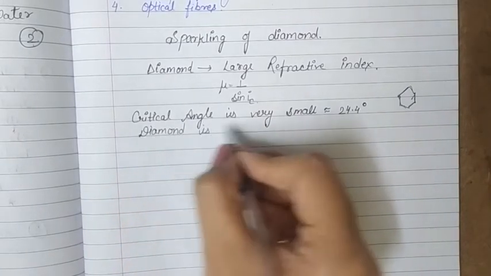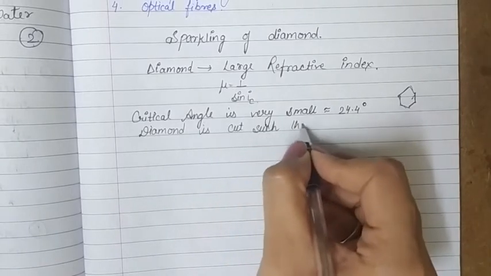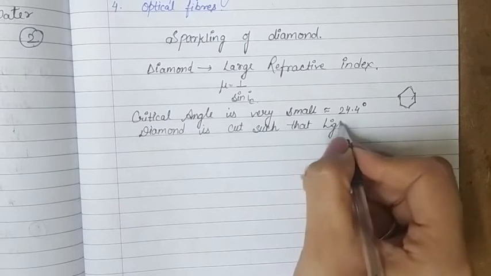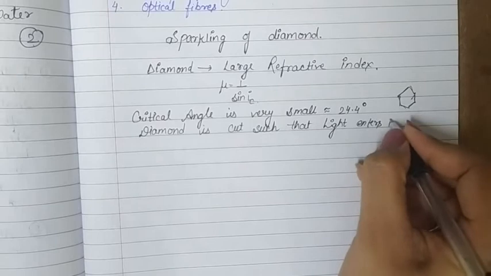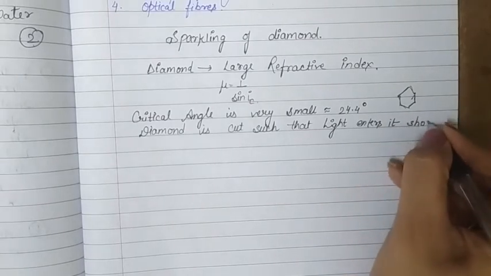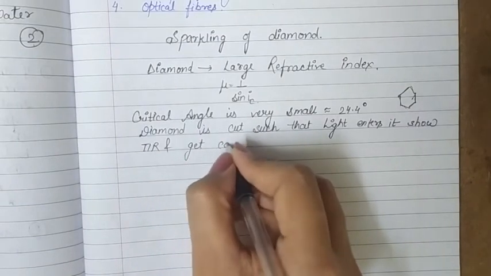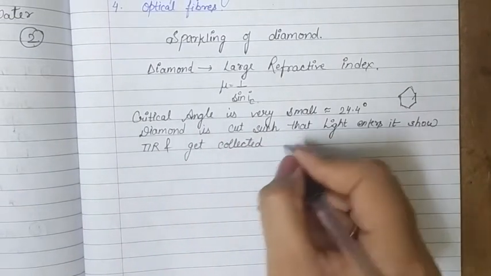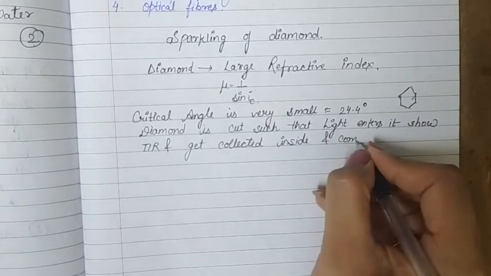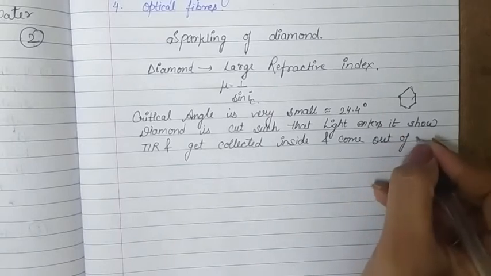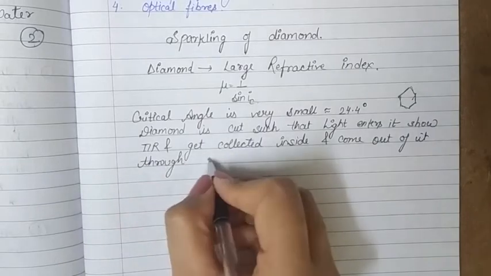So the reason is that diamond is cut such that light that enters it shows total internal reflection, gets collected inside, and comes out through some faces, not all the faces.